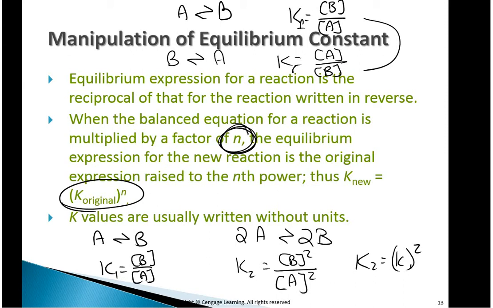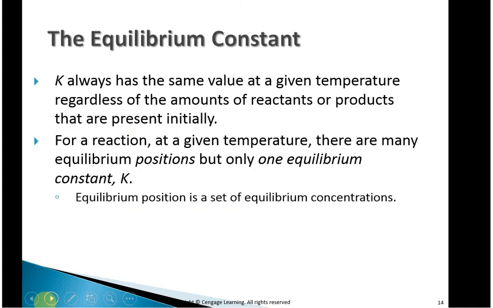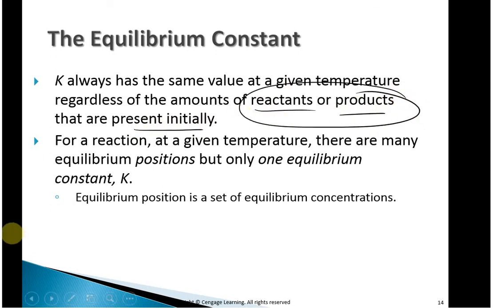So we don't really care that molarity is temperature dependent, because we're going to be dealing with the same temperature. K is always the same at a given temperature regardless of the amount of reactants or products present initially. Because we're talking ratio, it doesn't matter if we're talking about 0.1 molar to 0.2 molar or 1 molar to 2 molar. The ratio is going to be the same. So it's a unitless number.